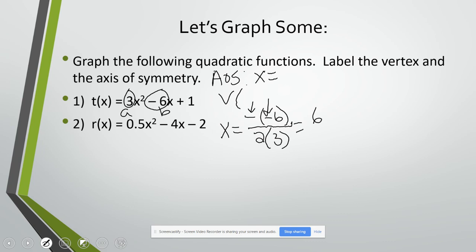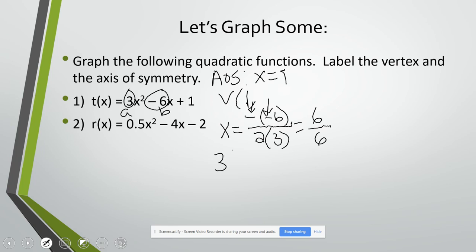Negative negative 6 is 6. 2 times 3 is 6, and 6 over 6 is 1. So the x value of our vertex and our axis of symmetry are both 1.